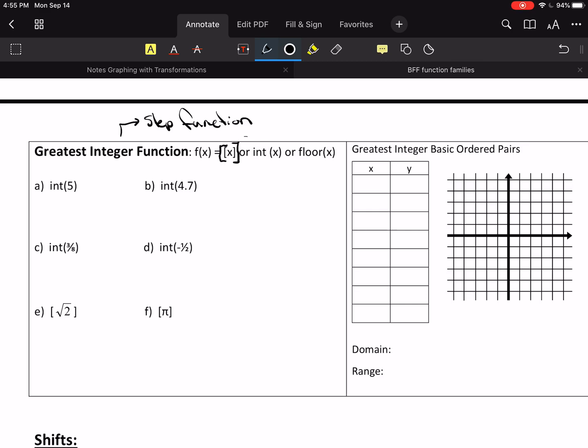Now, when I want to solve or find a value and plug it into the greatest integer function, what I'm going to be doing is I'm always going to round to the left integer on the number line.